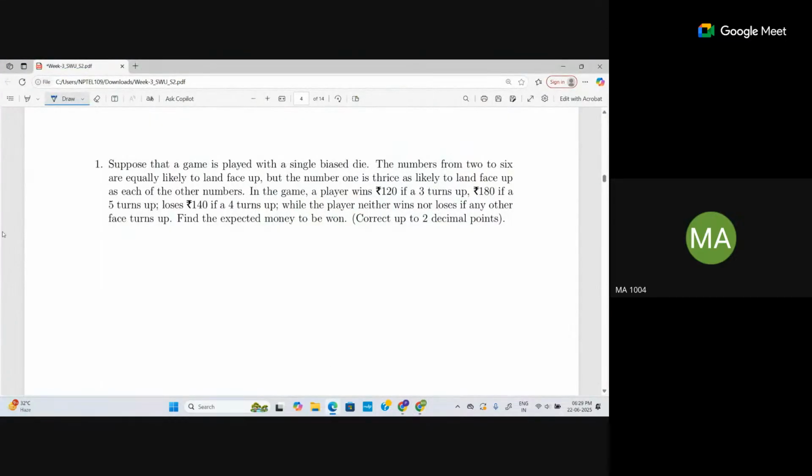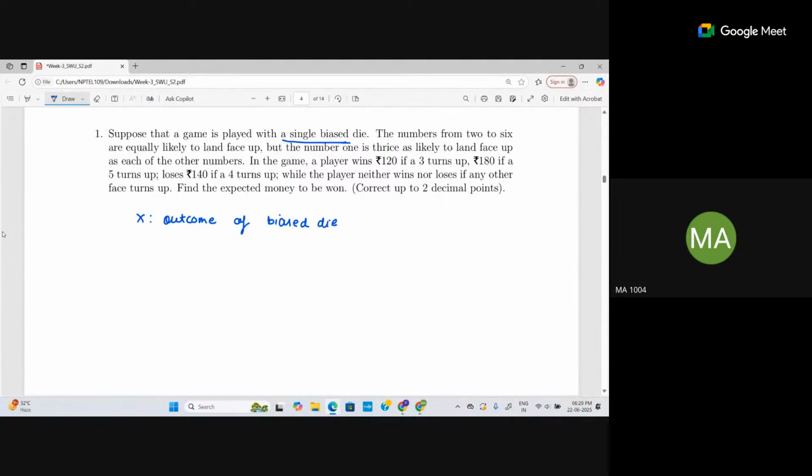See, so we have a biased die. We are playing with a single biased die. Suppose x is a random variable representing the outcome of the biased die.